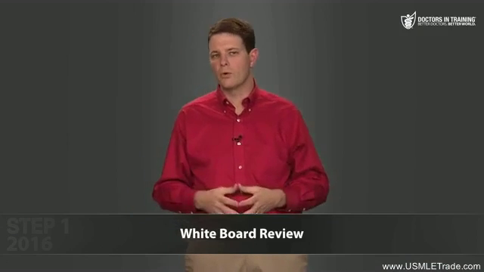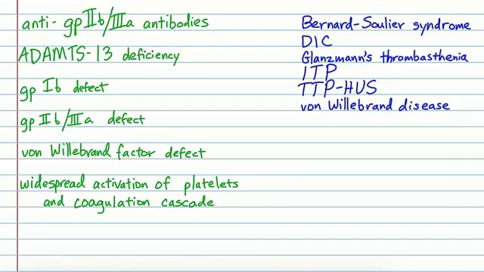Let's wrap up with a whiteboard review. We've covered 6 different platelet disorders in this video. So let's match the underlying pathophysiologies over on the left with the names of the disorders on the right. So the first one, we have anti-glycoprotein 2B3A antibodies, and those are seen in ITP, those patients with immune thrombocytopenia.